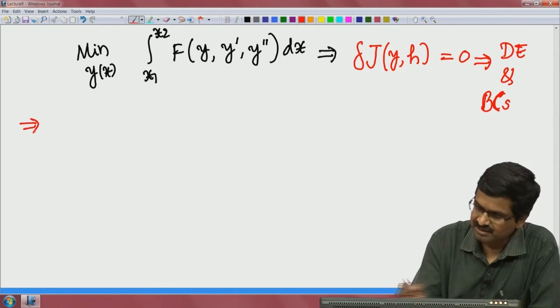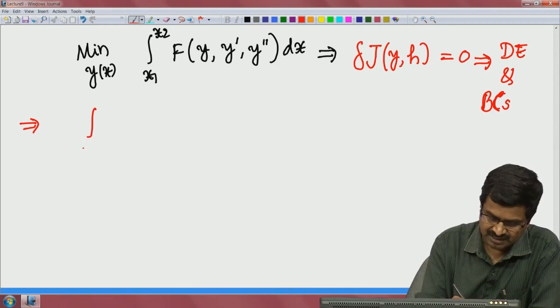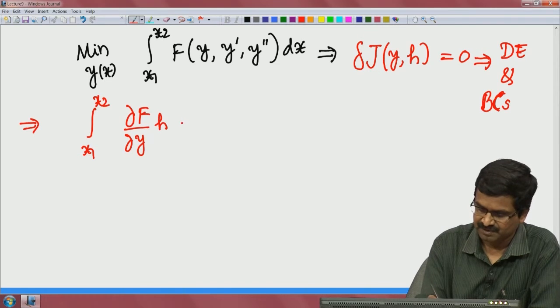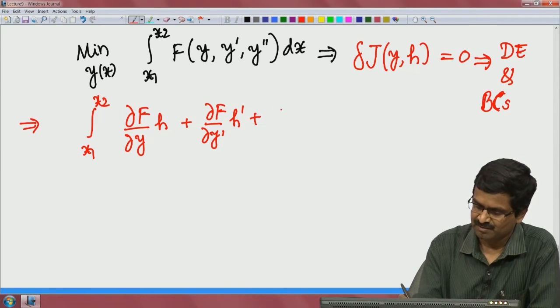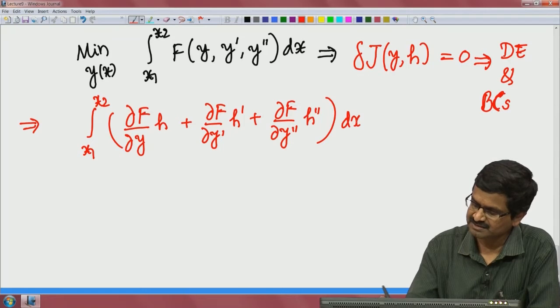So, if we say that the Gateaux variation is 0, again we know what that gives, which is the integral from x1 to x2 of dou f by dou y into h plus dou f by dou y prime into h prime plus dou f by dou y double prime into h double prime, dx, equal to 0.